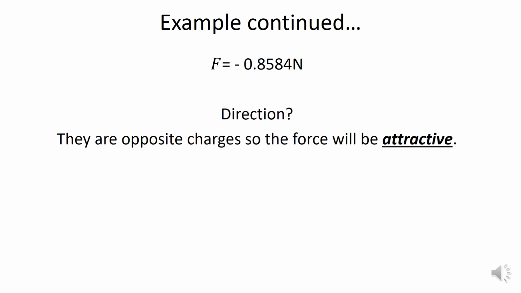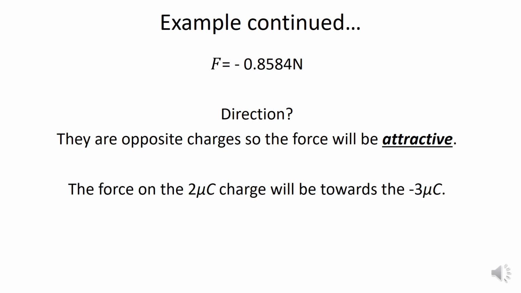The question asks specifically about the force on the +2 microcoulomb charge, so the force on the 2 microcoulomb charge will be towards the -3 microcoulomb charge, and it will be of the size above, 0.8584 newtons.